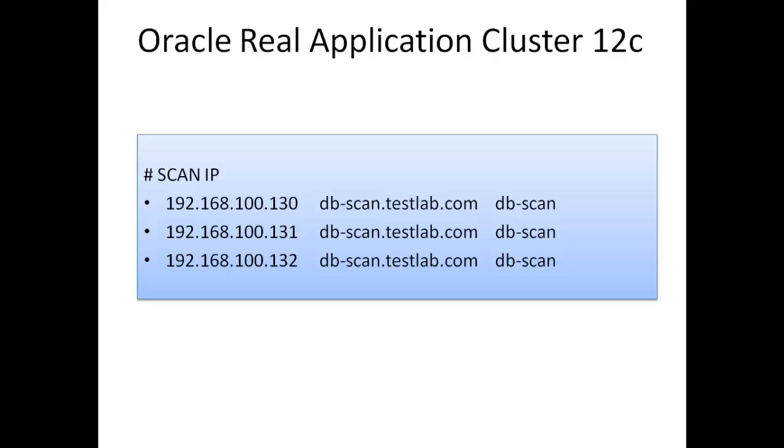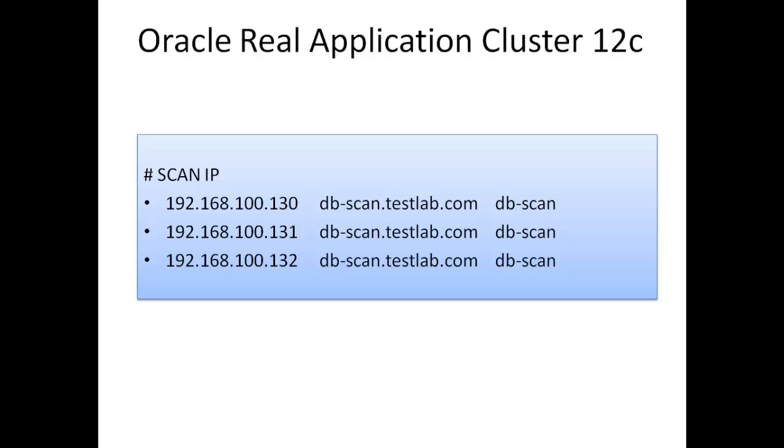Why have I mentioned 3 IPs for the same SCAN name? Because the concept of the SCAN name is that you make 3 entries for the same SCAN name with 3 IPs in your DNS, so that these 3 IPs can load balance the network traffic of the database.